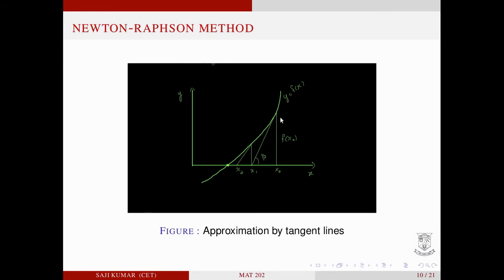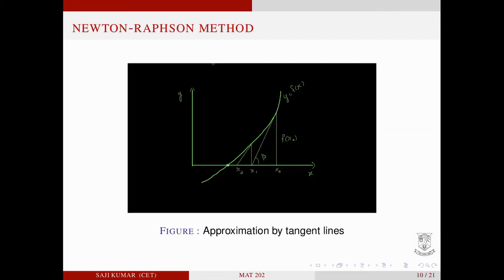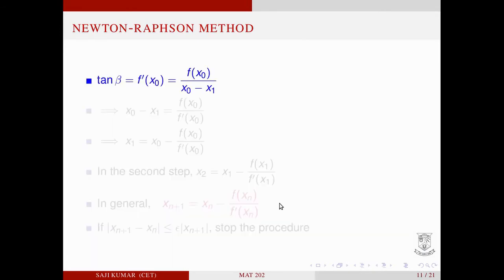That means we can compute the slope of the curve at x is equal to x0 in two different ways. From the tangent line we can measure the slope, or we can measure the slope by evaluating the derivative at x is equal to x0. That is, tan beta is equal to f'(x0). From the diagram, what is tan beta? Tan beta is equal to the opposite side by the adjacent side. So the length of the opposite side is f(x0) and the adjacent side has length x0 minus x1.